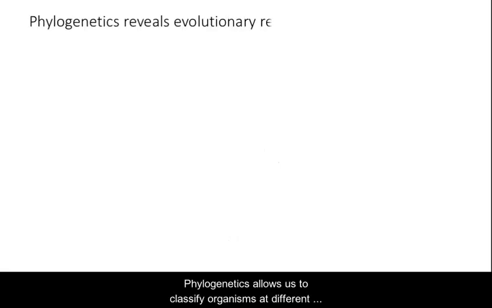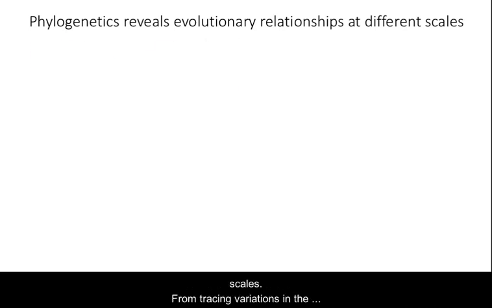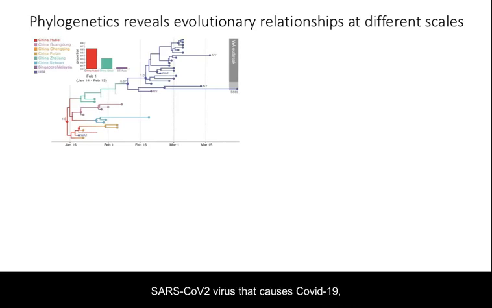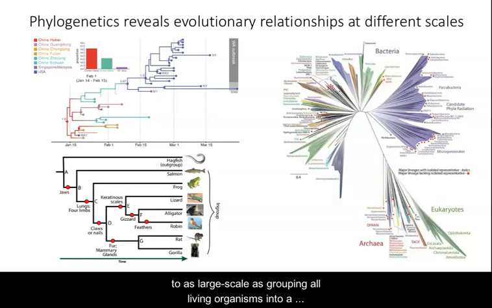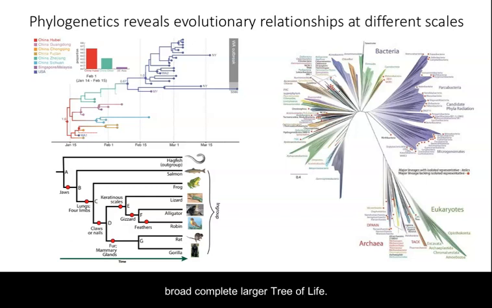So phylogenetics allows us to classify organisms at different scales, from tracing variations in the SARS-CoV-2 virus that causes COVID-19, to clustering groups of vertebrates, to as large a scale as grouping all living organisms into a broad, complete, larger tree of life.